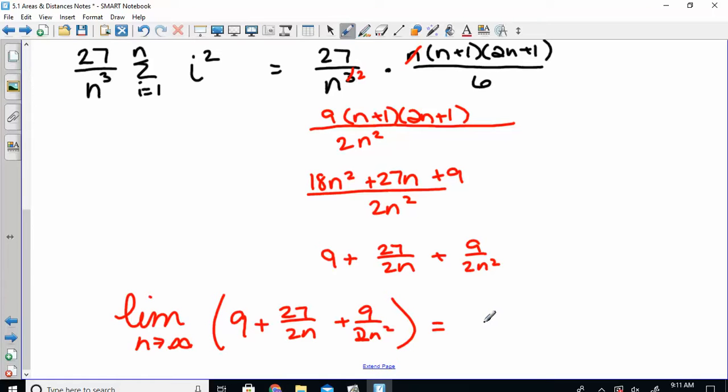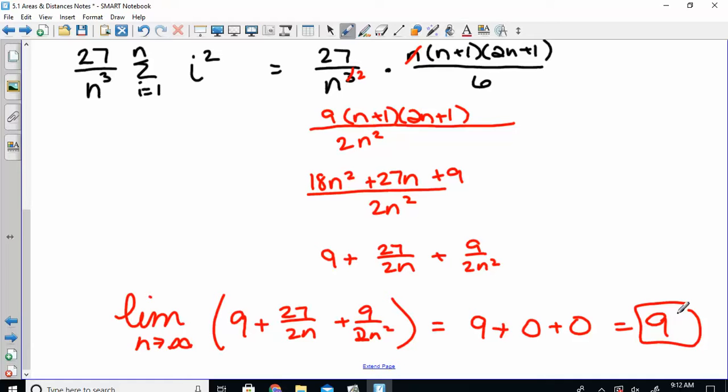So what does that give me? We get 9 plus 27 over 2 times infinity, which is 0, plus 0, so we just get 9. So the exact area under this curve was 9.